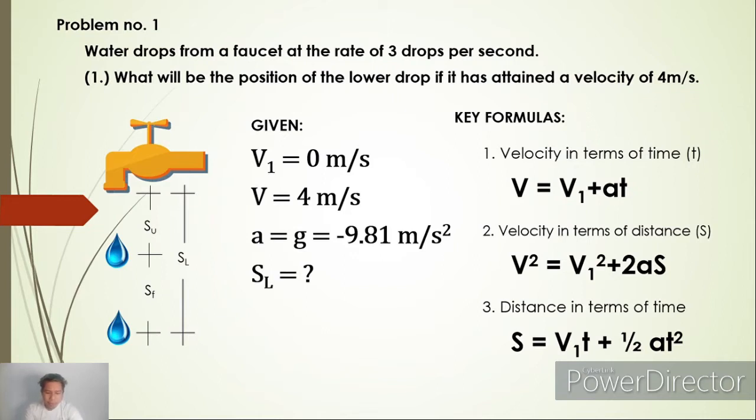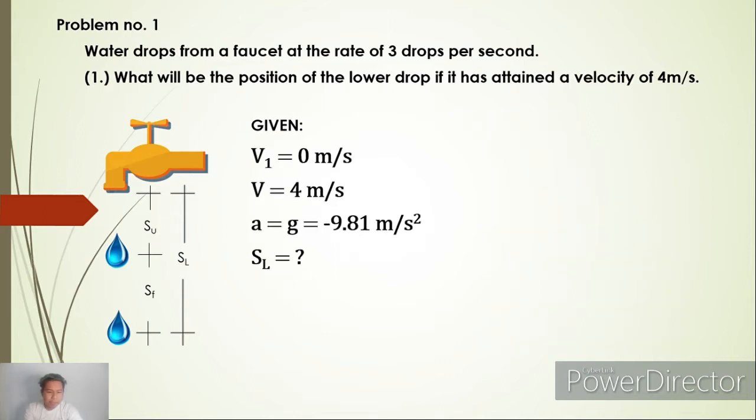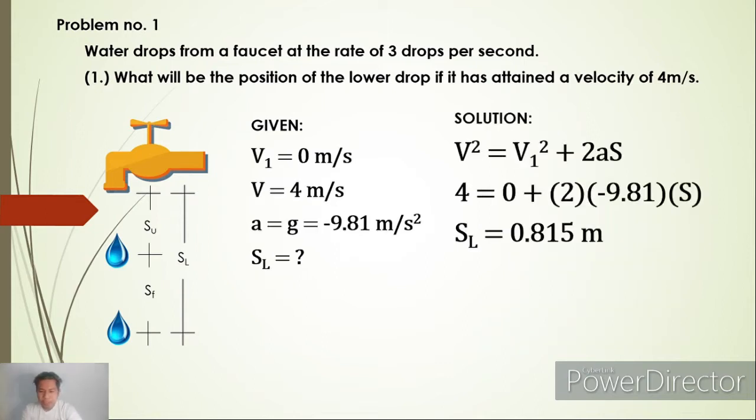So, since given na itong V1 and V natin, pwede natin gamitin yung formula number 2, which is V squared is equals to V1 squared plus 2AS. So, substituting all the values will result to position of the lower drop is 0.815 meters. Ayan po, malinaw na malinaw, direct substitution lang po tayo.